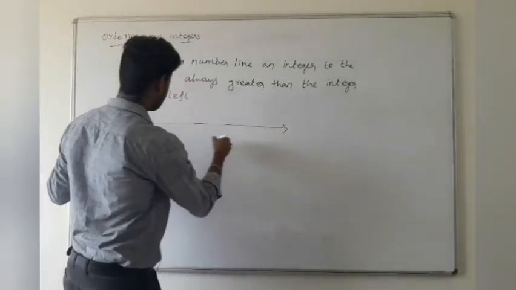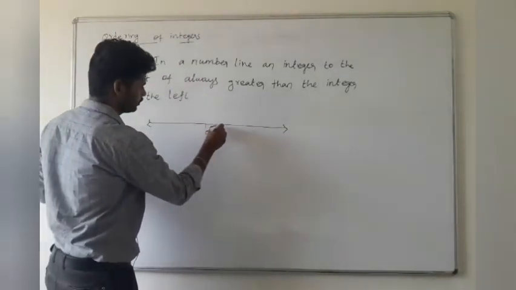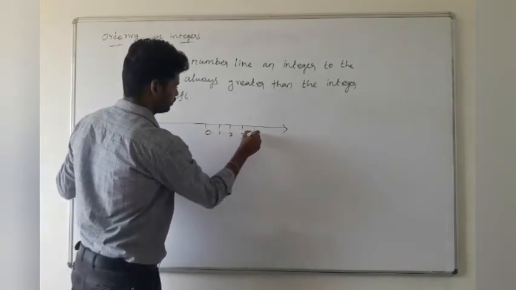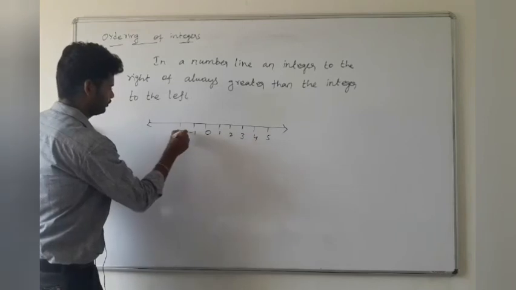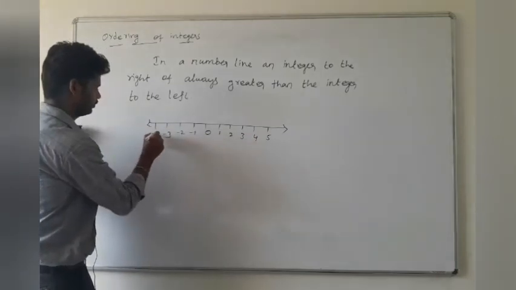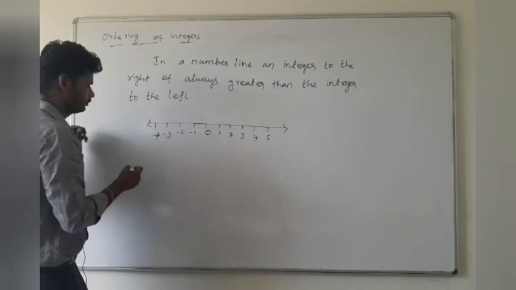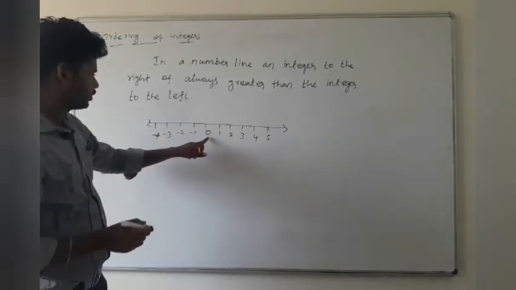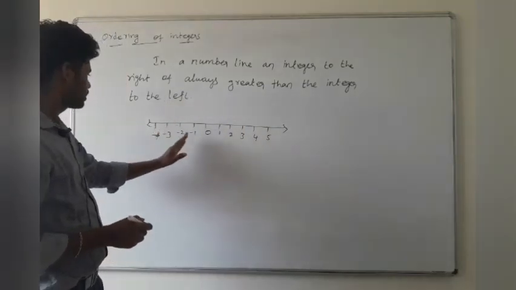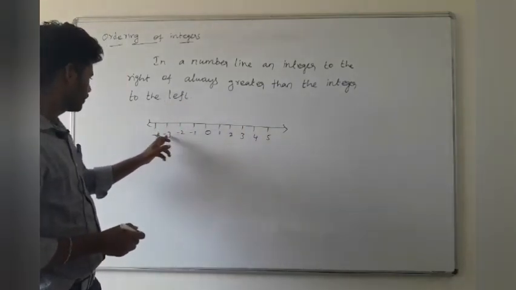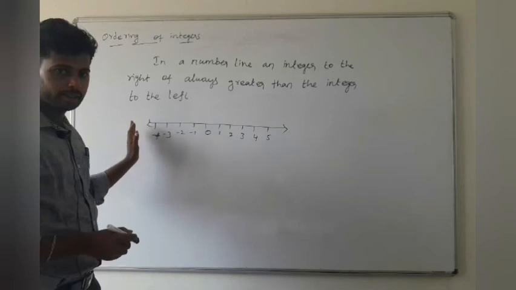Example: 0, 1, 2, 3, 4, 5 is increasing order. Next, minus 1, minus 2, minus 3, minus 4 is fully decreasing order.